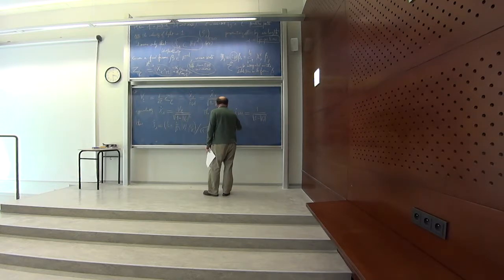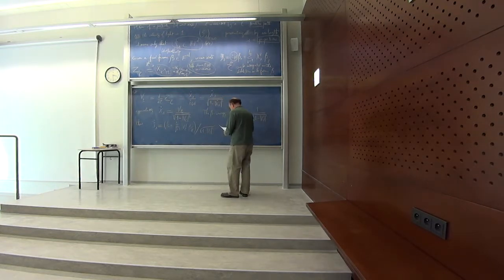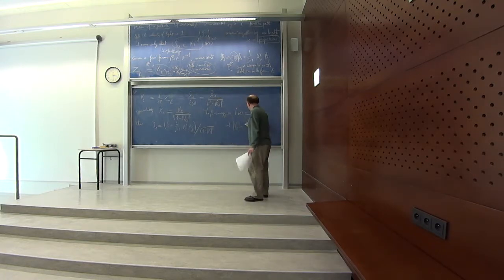And I can also observe that the norm of V tau happens to be the hyperbolic tangent of the distance between beta and the point.